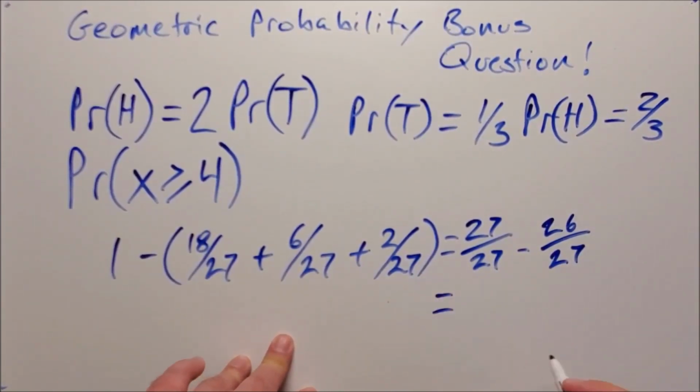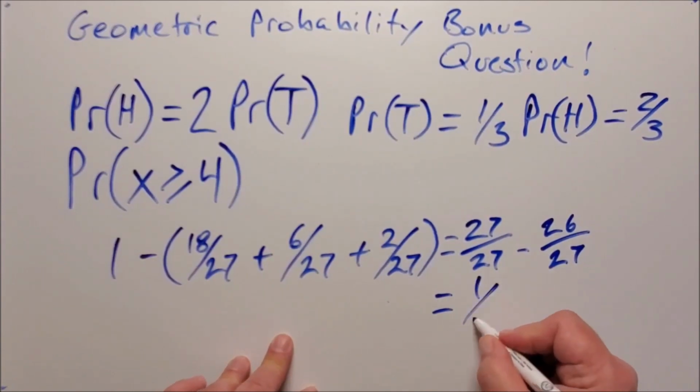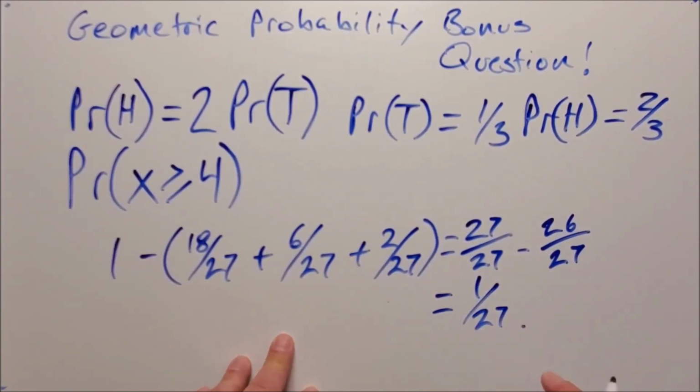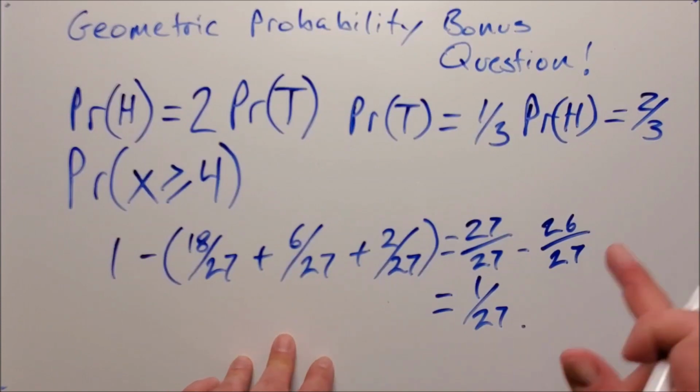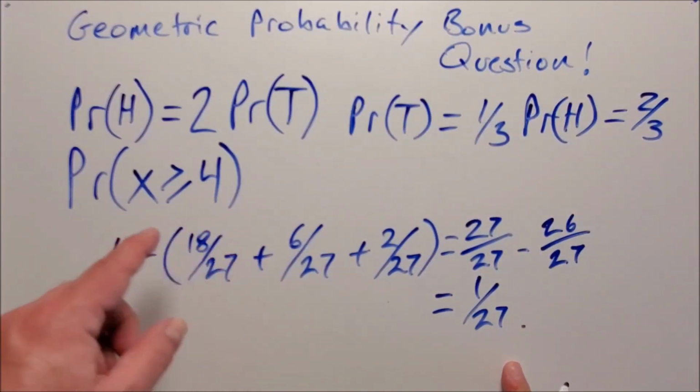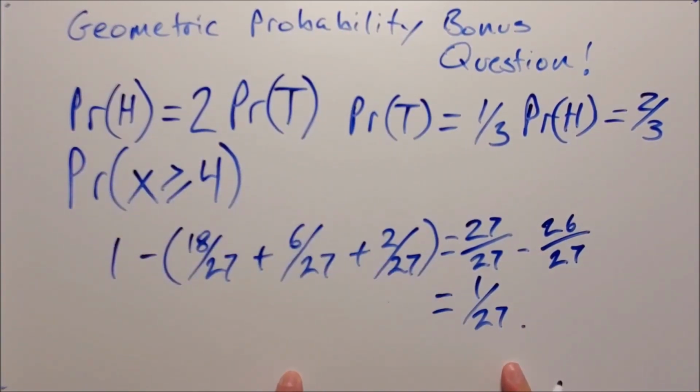And so here's my answer, 1/27. And that's going to be the probability that your first success with this funny coin would occur on the 4th trial or later.